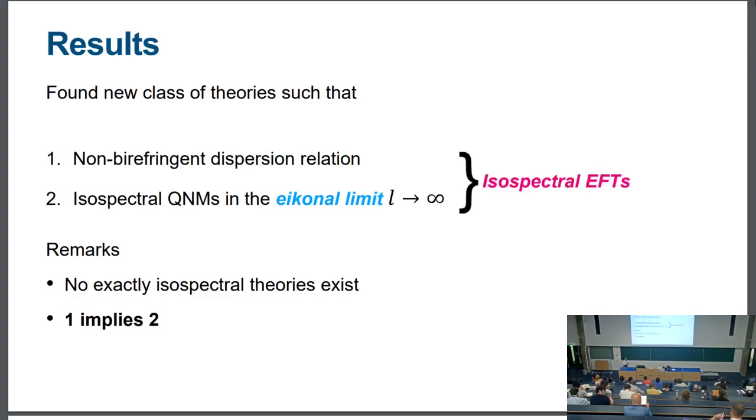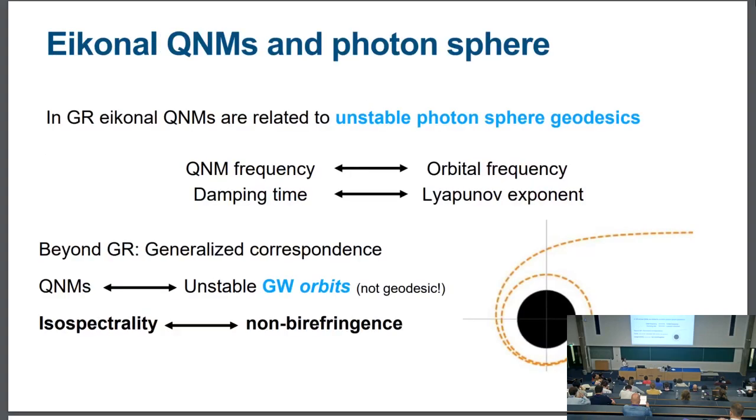From now on, when I say isospectral EFTs, I just mean an effective field theory that satisfies both 1 and 2. Just to give a quick intuition about eikonal quasi-normal modes, there's a correspondence that says that unstable photon geodesics are related to these eikonal quasi-normal modes. If you have a quasi-normal mode frequency, you have the real part plus the imaginary part. The real part is related to the orbital frequency, so how many times it goes around.